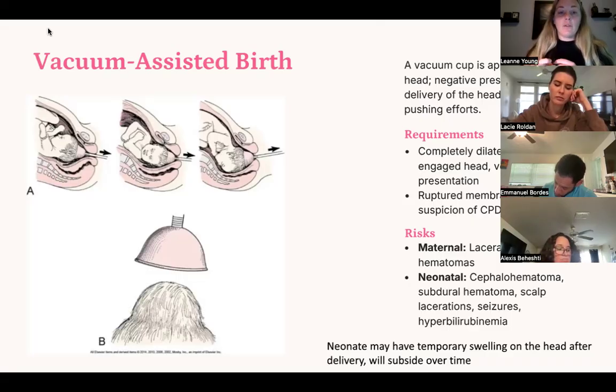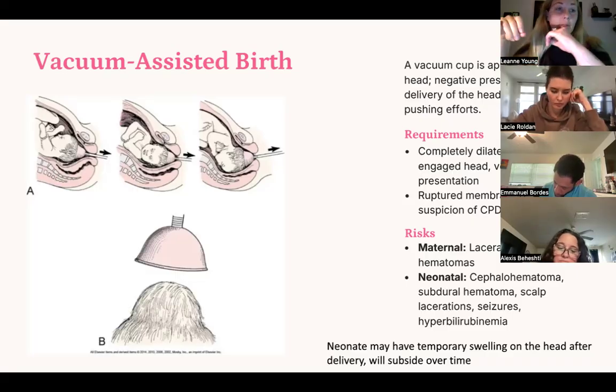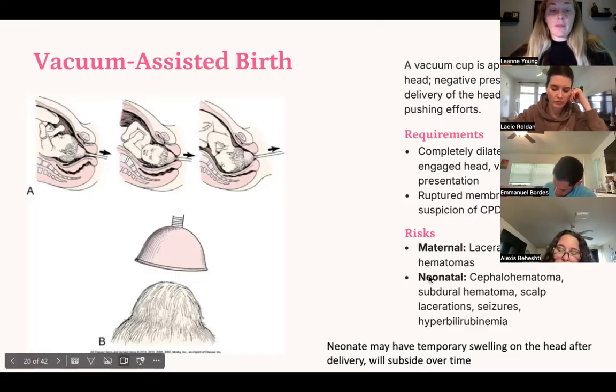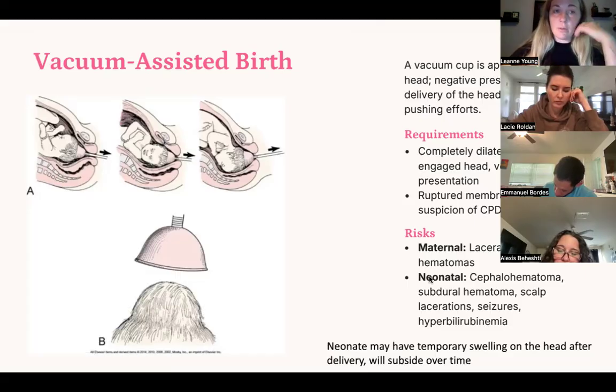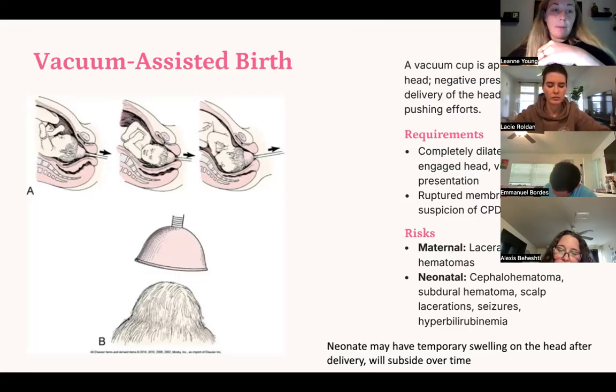We need to be certain that this baby can deliver vaginally right before we start pulling on its head. From a maternal standpoint, the risk for mom would be lacerations. We also increase her risk of having a hematoma following birth. For baby, this is more common. We see more fetal risks associated with vacuum assisted deliveries than maternal ones. We could see some cephalohematomas. We occasionally see subdural hematomas. The baby might have some lacerations on their head from where the kiwi was pulling.